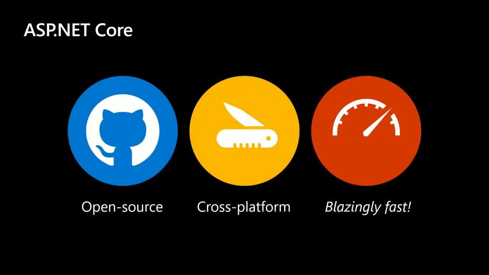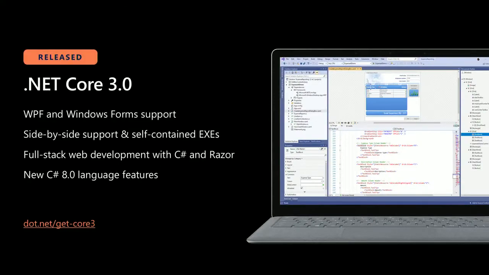In case you don't know, ASP.NET Core is our cross-platform, open source, and blazingly fast web framework that was custom built for .NET Core. Now, about a month or so ago, we just shipped .NET Core 3.0, which has a whole bunch of great new stuff. We're going to be looking at the new full-stack web development support in .NET Core 3.0 in this session today.